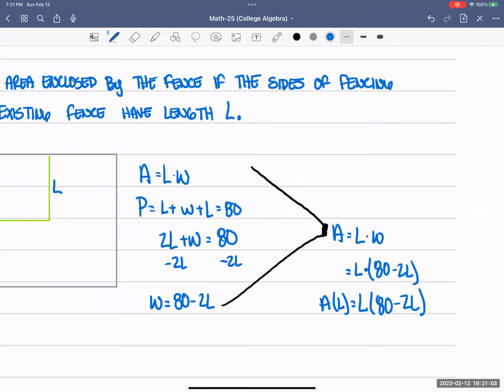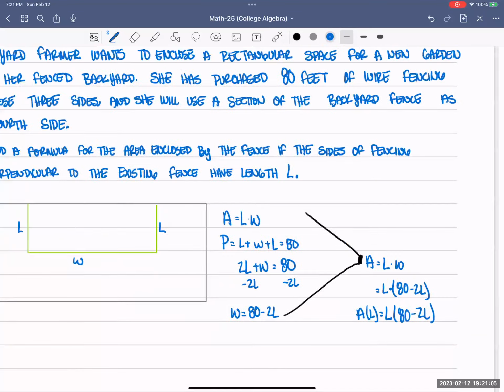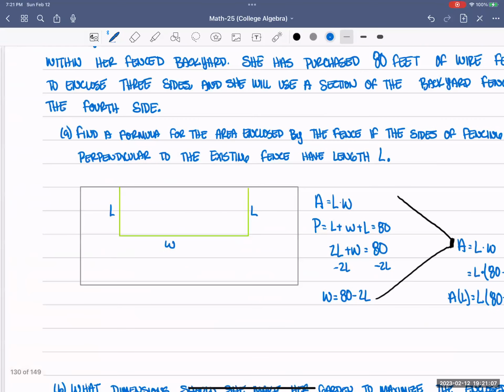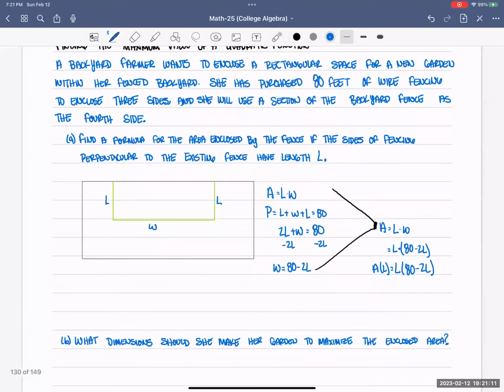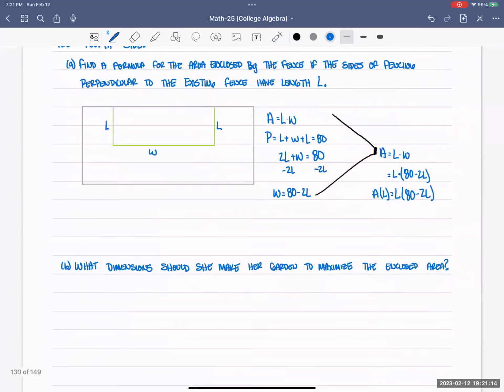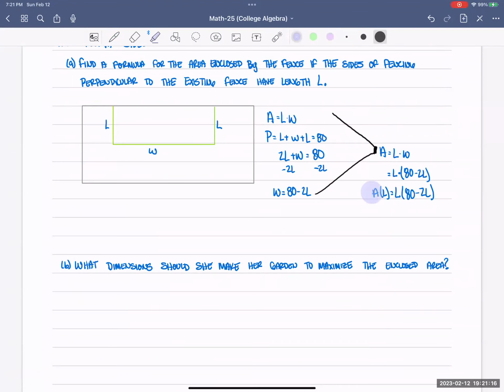And there we go. Did we answer that question? Find a formula for the area enclosed by the fence if the sides of the fencing perpendicular to the existing fence have length L. I'd consider that a win.